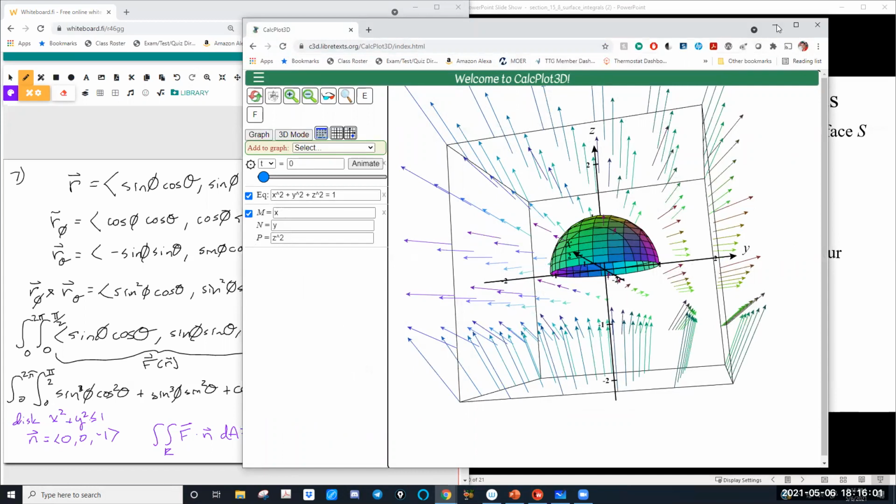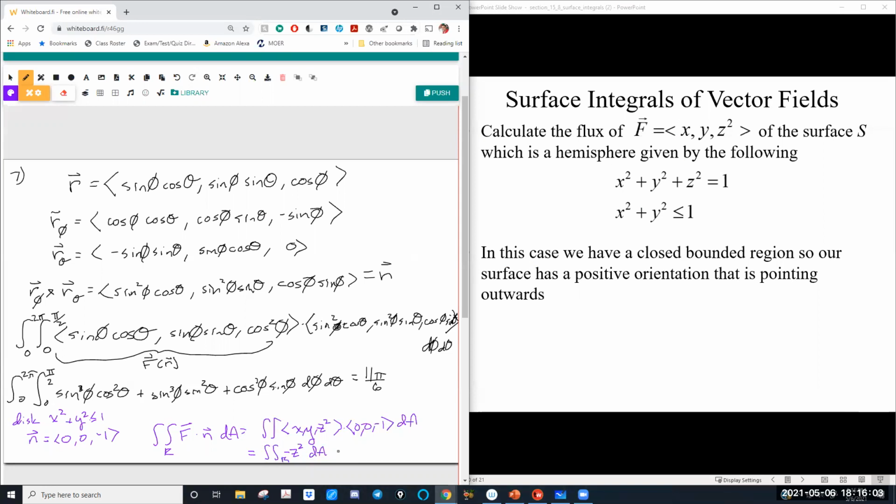So when we go to plug that in, we end up with the integral over R of 0 squared dA, which is 0, because we're in the plane Z equals 0.